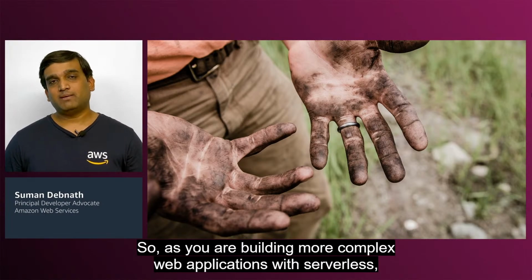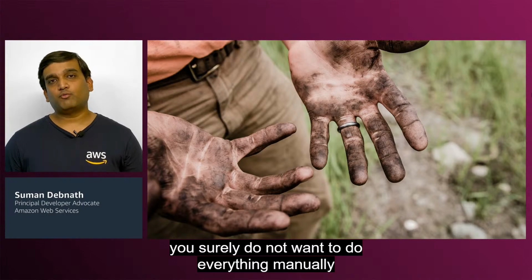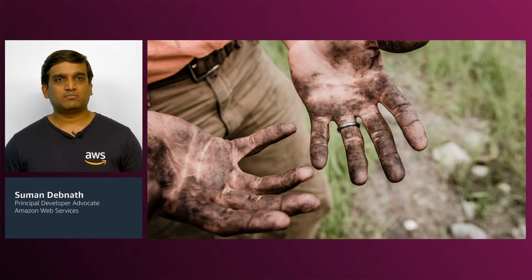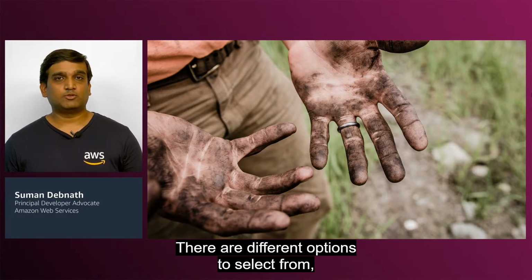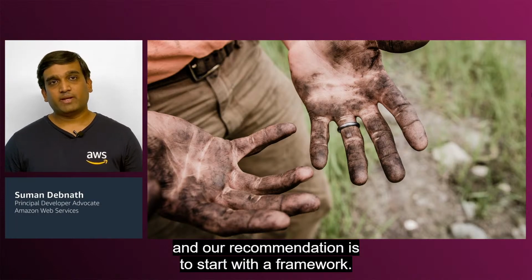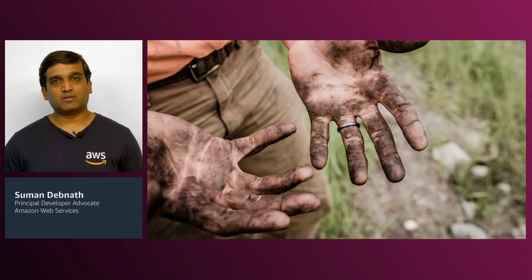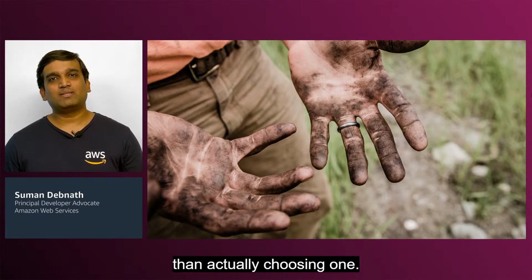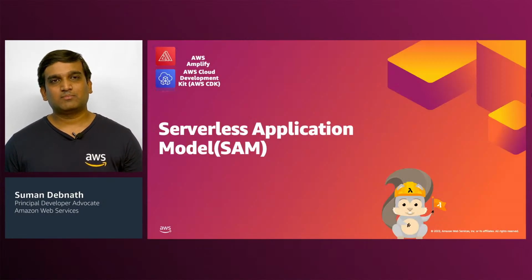So as you are building more complex web applications with serverless, you surely do not want to do everything manually and would like to take advantage of the tooling and the automations. There are different options to select from, and our recommendation is to start with a framework. And which framework you choose is less important than actually choosing one.